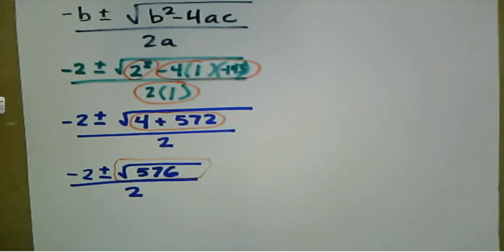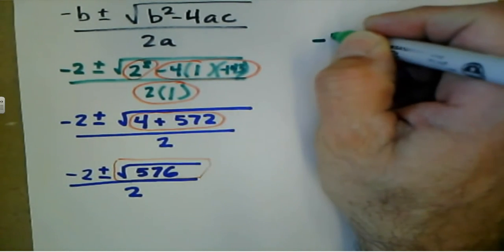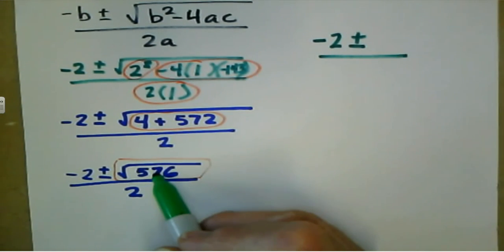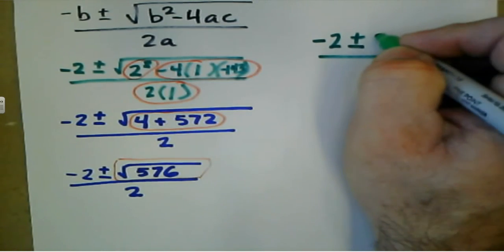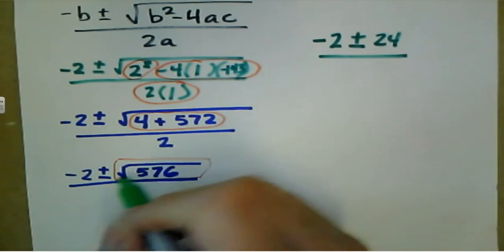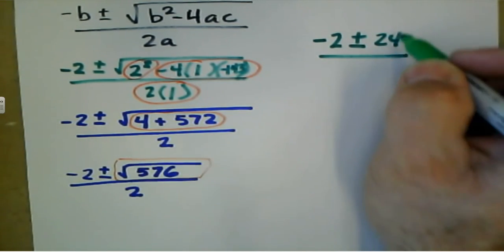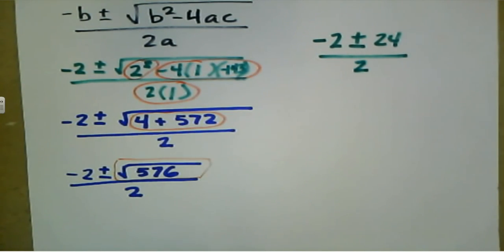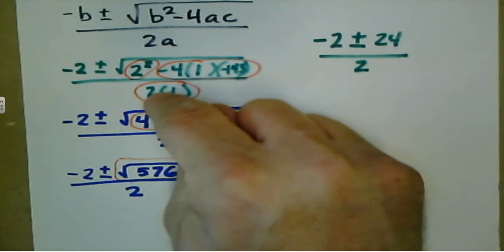So we're going to rewrite -2 plus or minus. Guys, don't put the radical because 576 is 24. That square root, that radical, does not go back on it. And that's a big mistake some people make, and the 2.